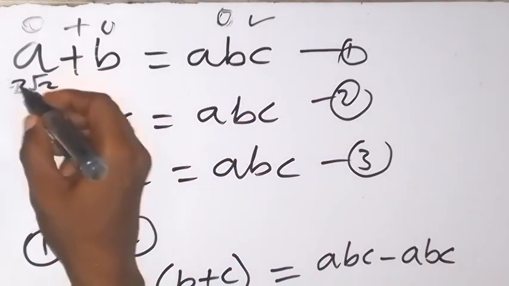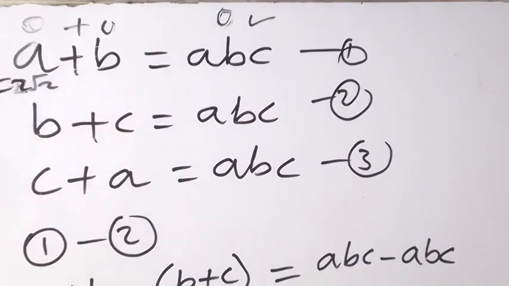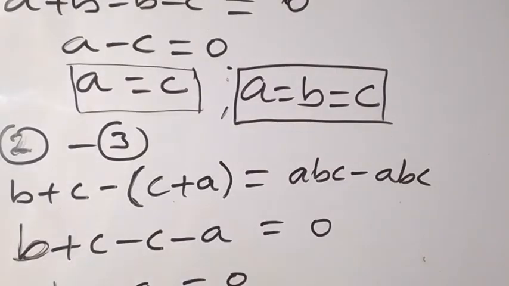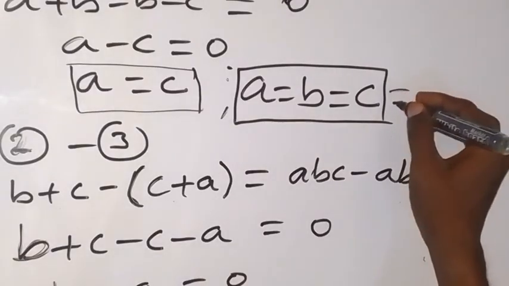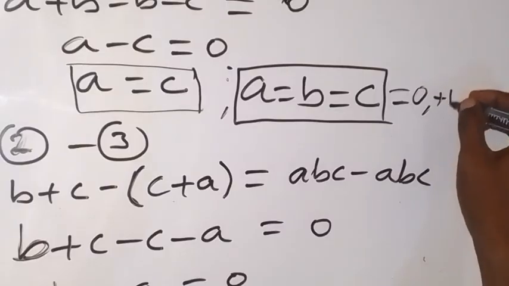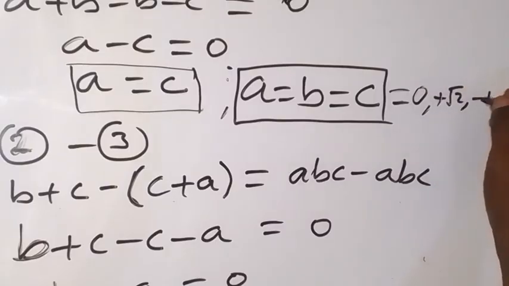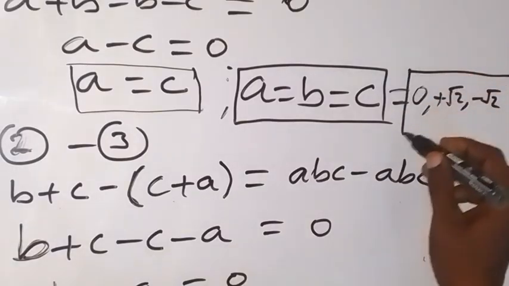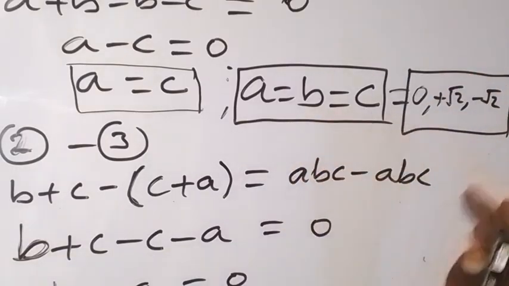So root 2 is also a solution. And the same way, minus root 2. Therefore, the values of A, B, and C are 0, plus root 2, and minus root 2. So we have this solution, which could be A, B, and C.